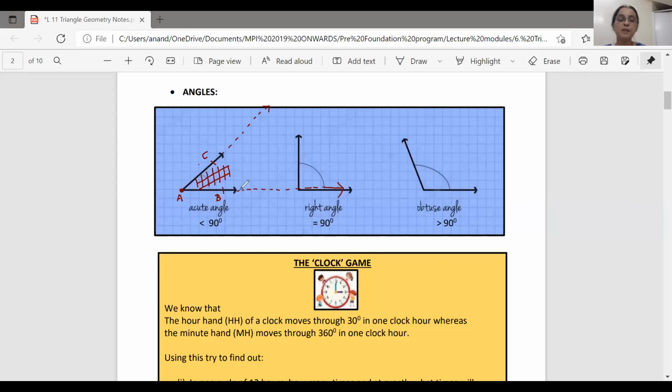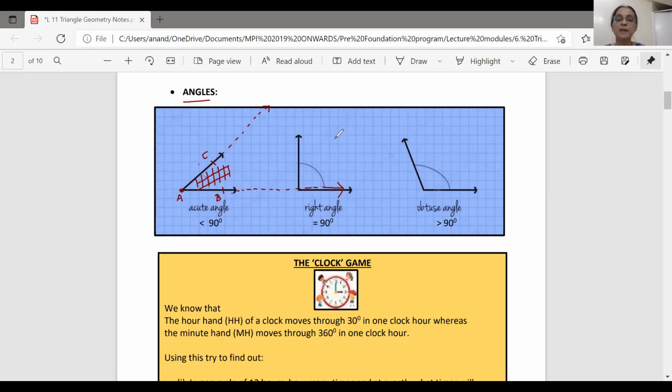Now, such a figure formed by two rays emerging from the same point is called an angle. An angle is two rays emerging from the same point and forming two distinct rays.